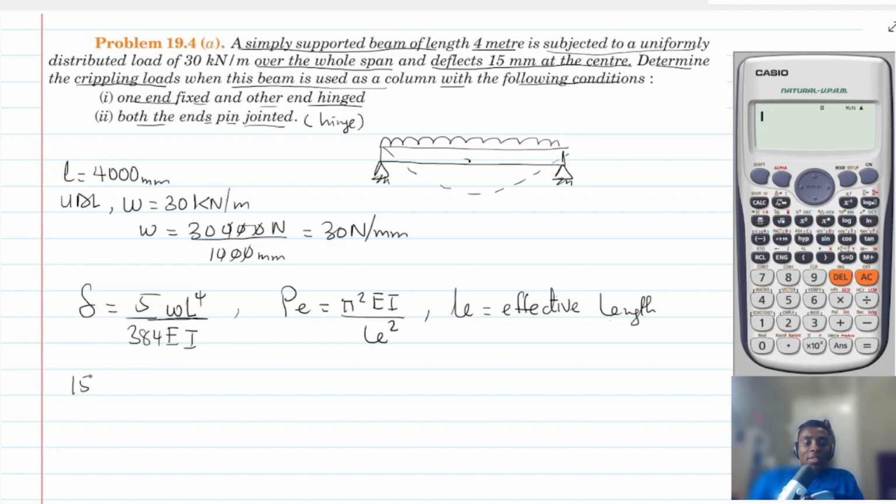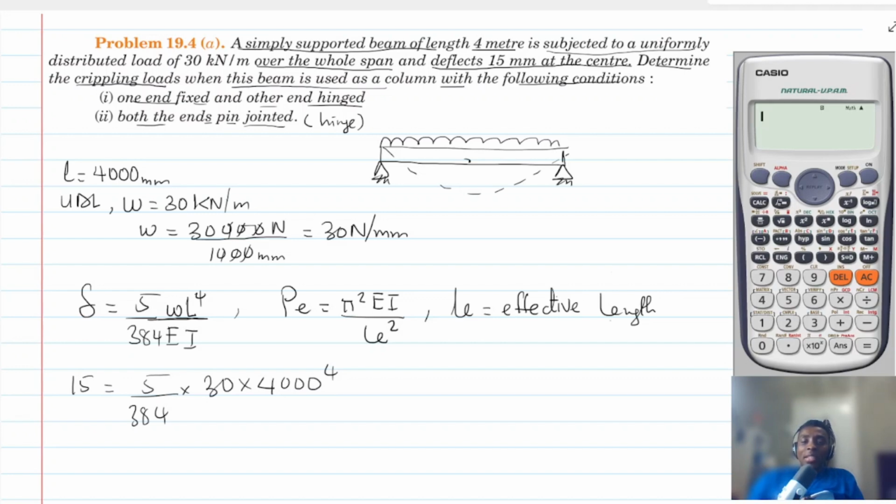So let's put everything together. Deflection is 15, equal to 5 over 384 multiplied by the load per unit length, which is 30, and the span length of 4,000 to the power 4, divided by EI.